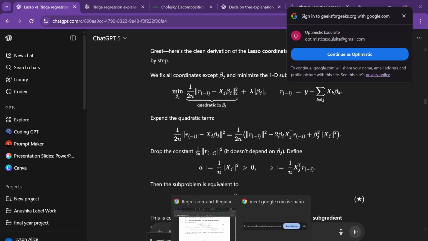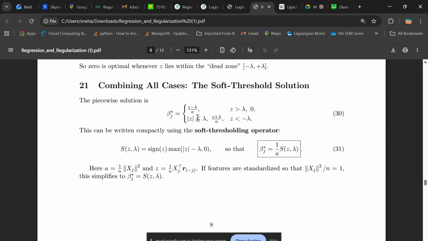So what that gives us is, when I'm studying parameter j, if my correlation between this parameter and the other parameters is very high, that means at that point my z becomes high, right?